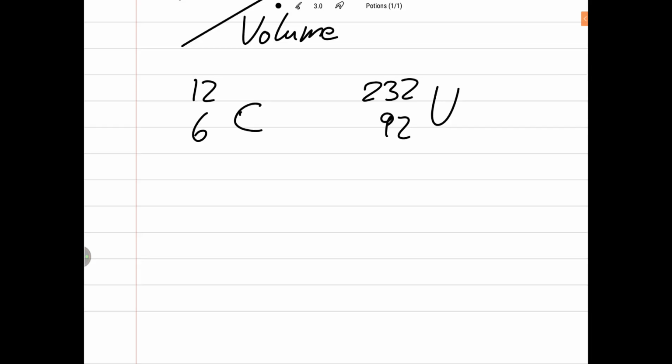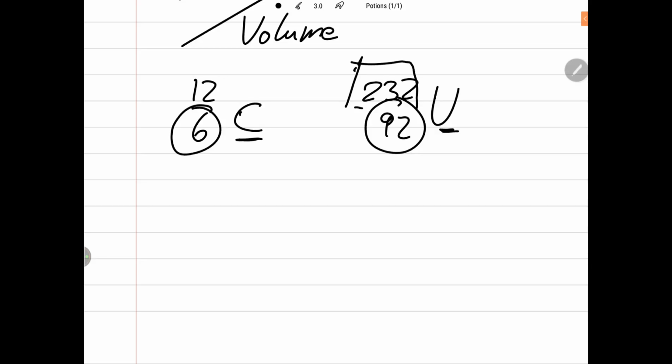Now what this tells you is basically, this number down here tells you the number of protons that are located in the nucleus of this element. That is sort of the ID of this element. So uranium has 92 protons.